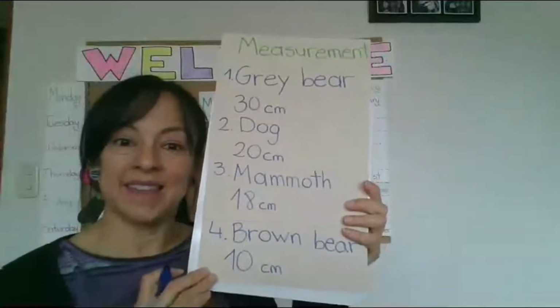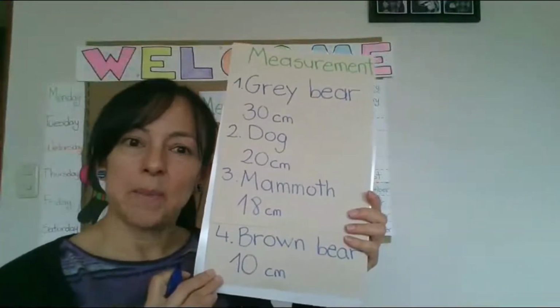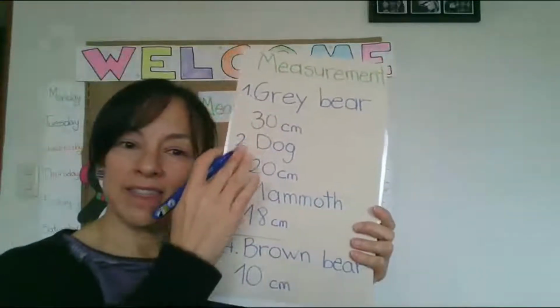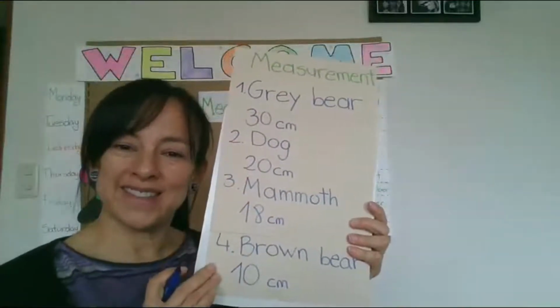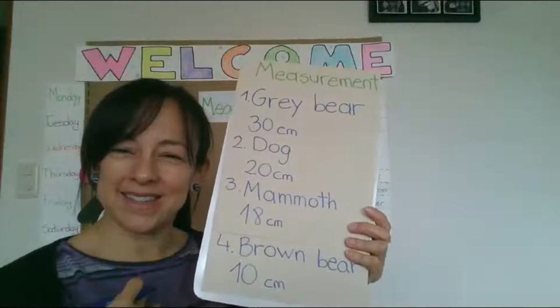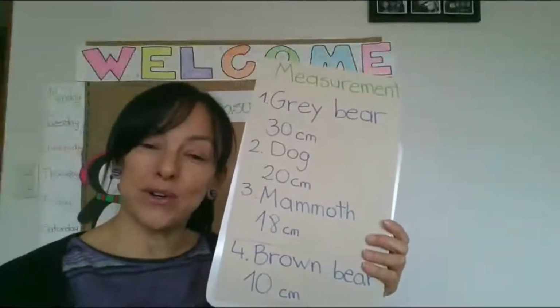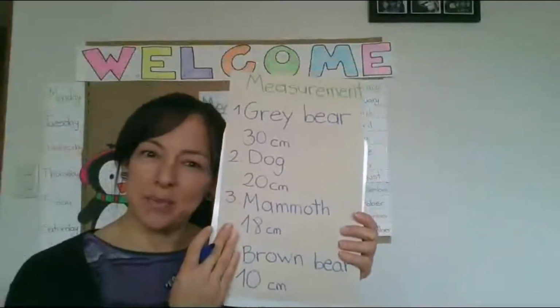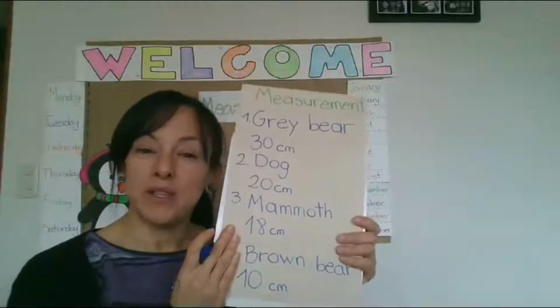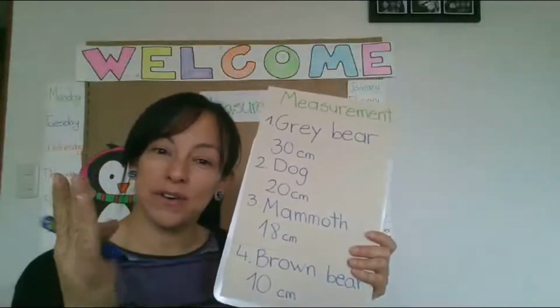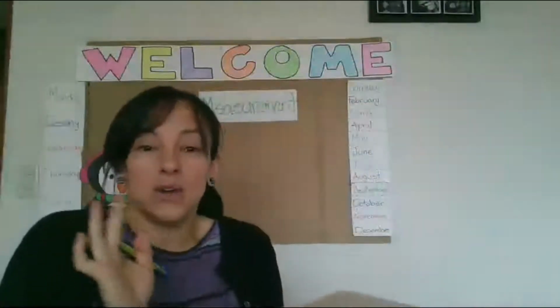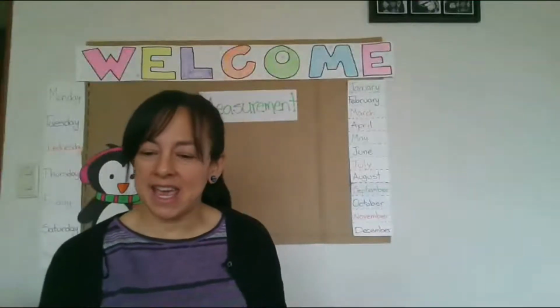So we did our first chart measuring 4 different toys, my toys. But now you are going to do the same that we did here, but using 3 or 4 of your toys. You are going to choose any toys.